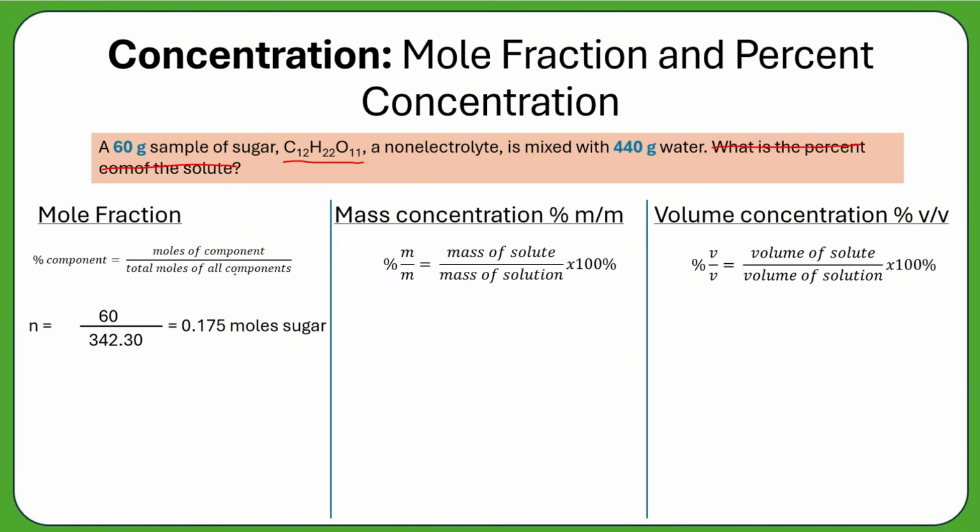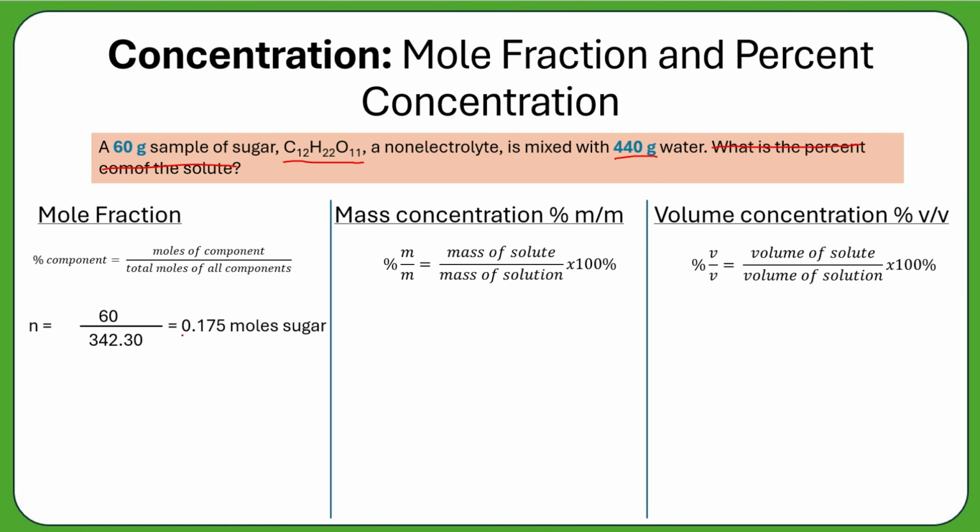Now, the bottom, the denominator, needs to have the moles of the sugar and also the moles of the water. So we don't have the moles of the water yet, but we know that the water is 440 grams. We need to change that into moles so that we add those two up, and we put that in our denominator, because the denominator means total moles of all the components, the sugar and the water.